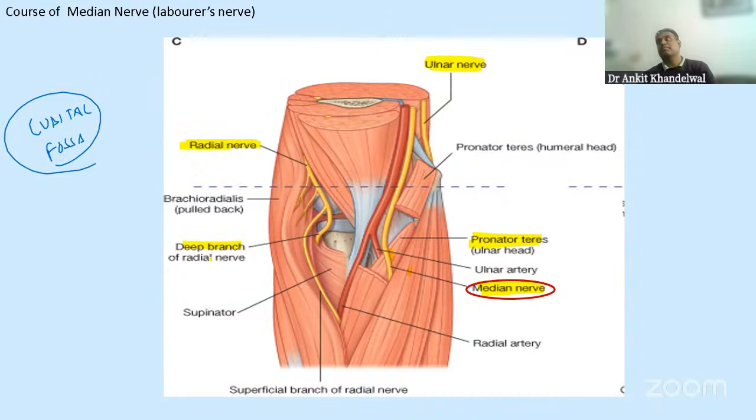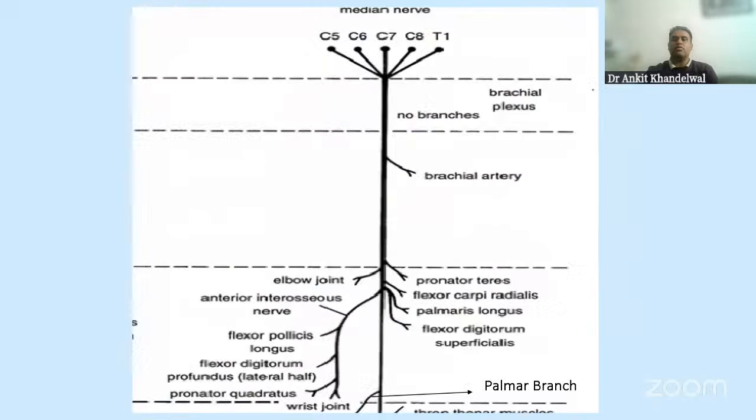These are three very important nerves and their position in the region around the elbow, the cubital fossa. The ulnar nerve is running behind what? Behind the medial epicondyle. So basically, the ulnar nerve runs behind the medial epicondyle. Let us see more.